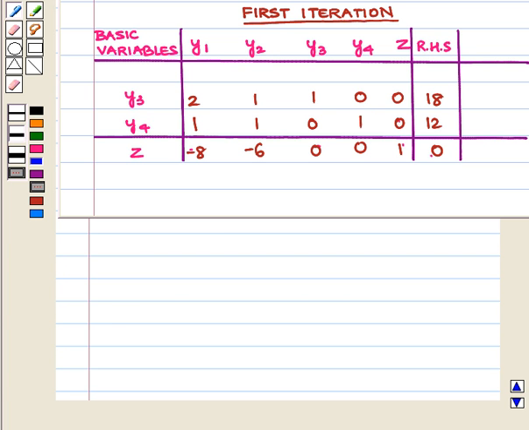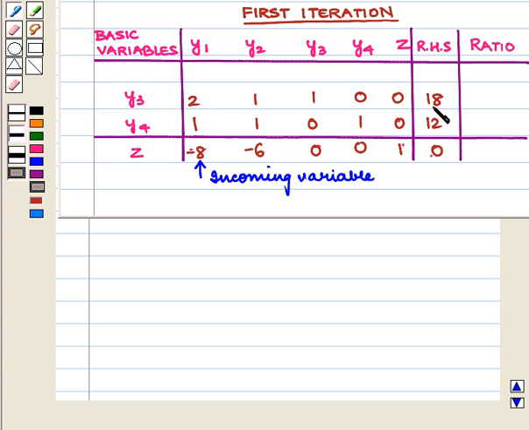So the first iteration is, from the first table we see minus 8 is most negative. So y1 is the incoming or entering variable, and y1 is the pivot column. For the outgoing variable, we divide the entries of the RHS column by the corresponding elements in the pivot column.